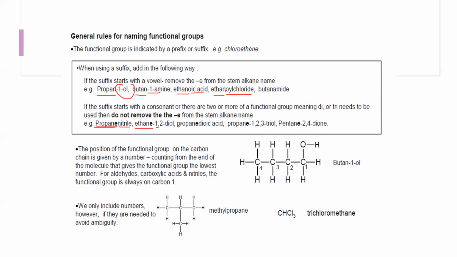Ethane-1,2-diol, propanedioic acid. In the same way, for example propane-1,2,3-triol. So if there are different numbers of functional groups attached, in that case we do not remove e from the name of the hydrocarbon and we write it complete.